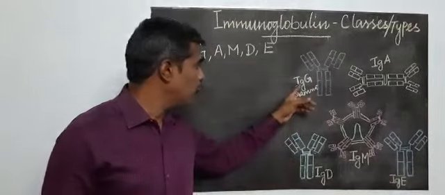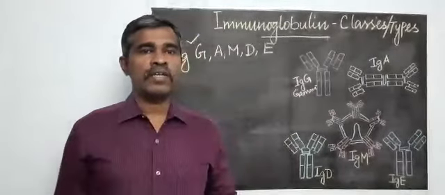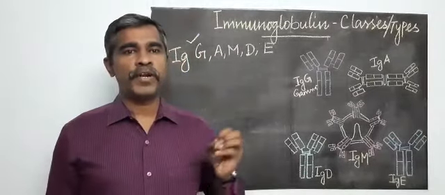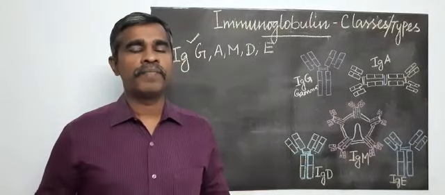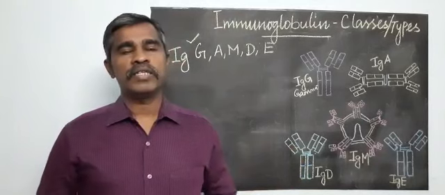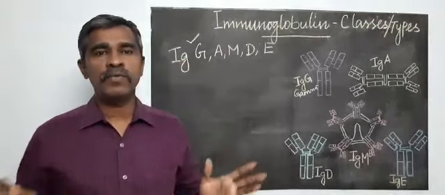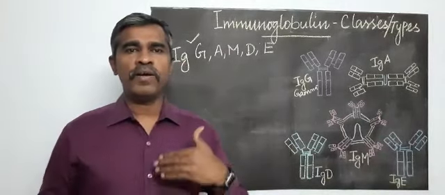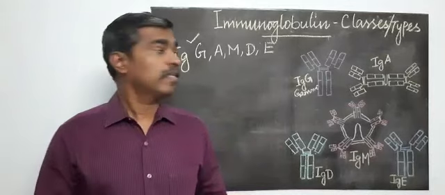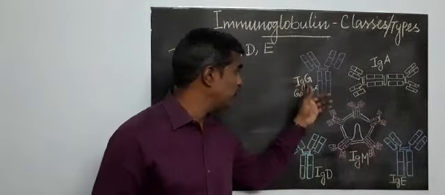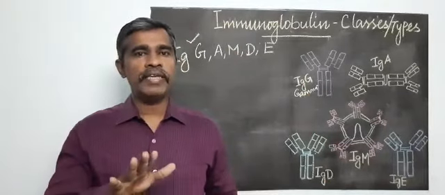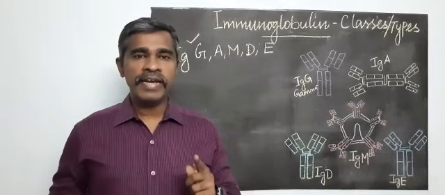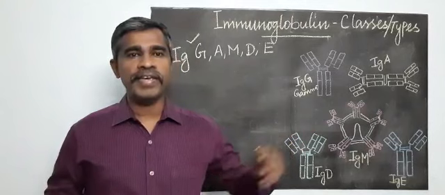Immunoglobulin G is the most predominant immunoglobulin present in the human body, especially in the blood, and it performs diversified functions. Another speciality of immunoglobulin G is that it is the only immunoglobulin that can cross the placental barrier.